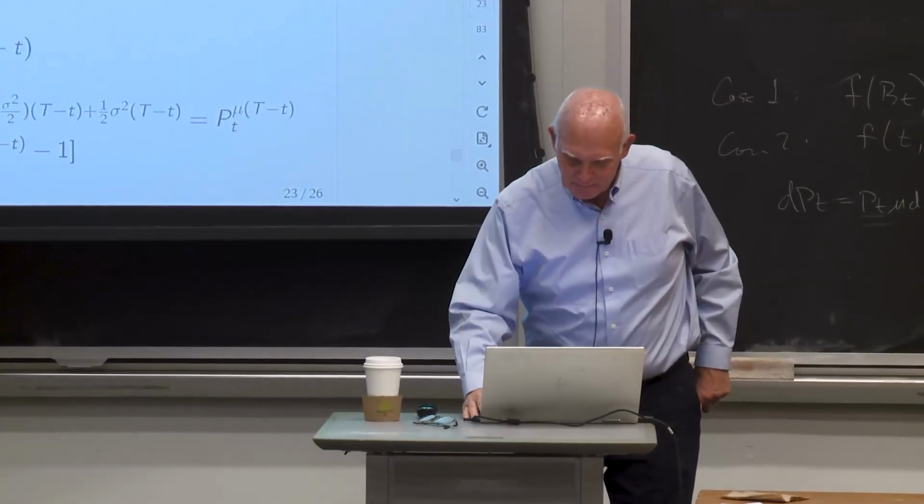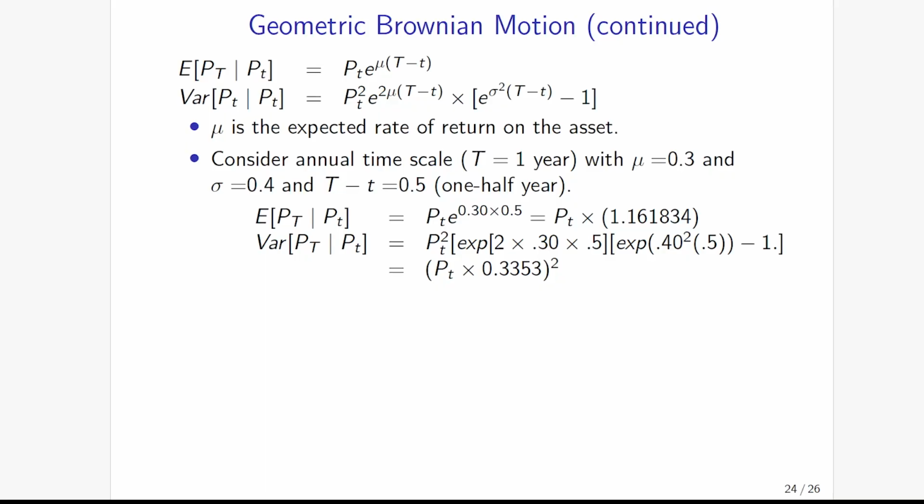Now, interestingly, if we think about what kinds of results happen with values of mu and sigma that we might expect to see in financial markets, here's an example where we consider a drift rate mu of 0.3 per year, a time period for the log-normal return of 1/2 year from time little t to capital T, and an annualized volatility of 0.4 or 40%.